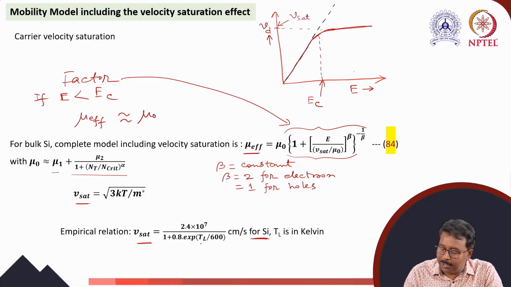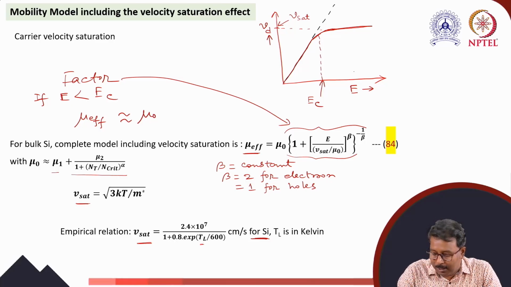So if you increase the lattice temperature, it will be more in the denominator, so the saturation velocity will be less. So it depends on lattice temperature also. This empirical relation can be used to determine the value of saturation velocity in case of silicon.